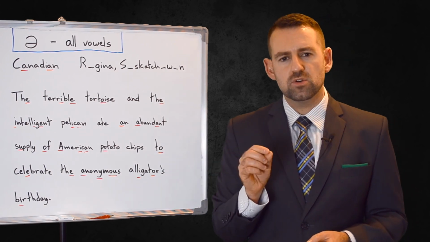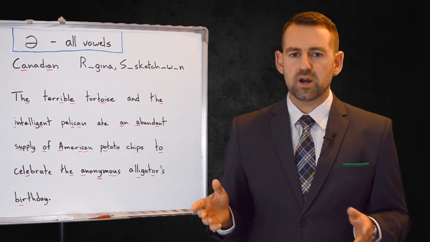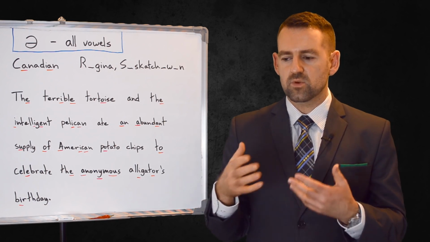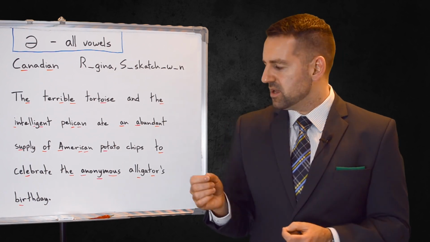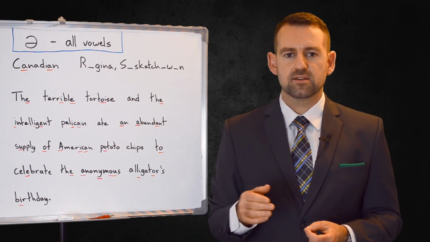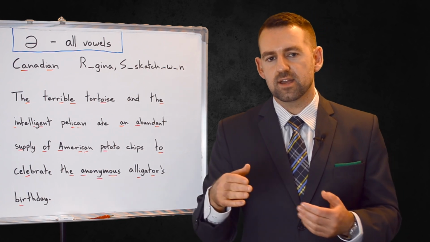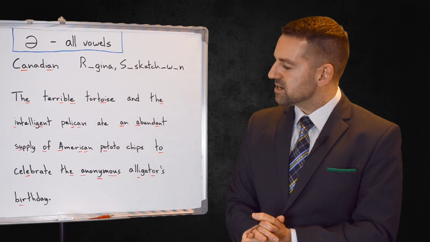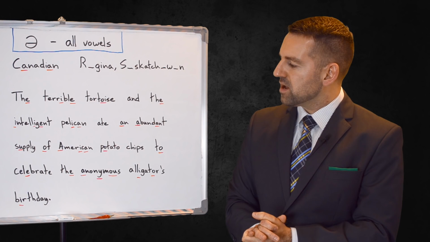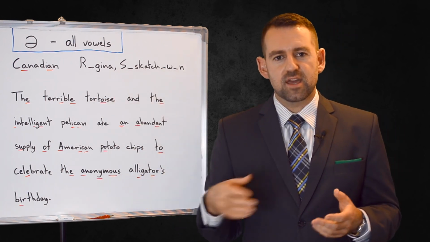If you say the word "to" on its own, then it's "too". But most of the time when we're speaking normal English, "to" becomes "tuh": to celebrate, to go, to run, and it moves on to the next sound. Okay, so that's the most common sound in the English language.